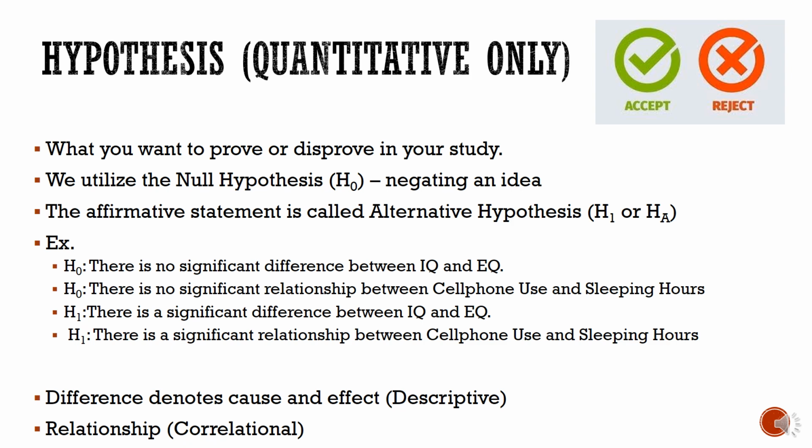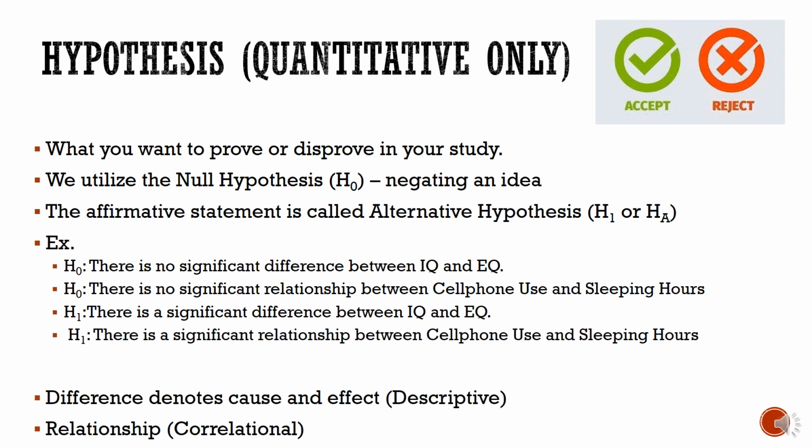For the hypothesis, this is only used for quantitative studies. This is what you want to prove or disprove in your study. Usually, we use the null hypothesis, which is listed as H sub O, meaning to negate the idea. It's always in the negative. For example, there is no, there is none.